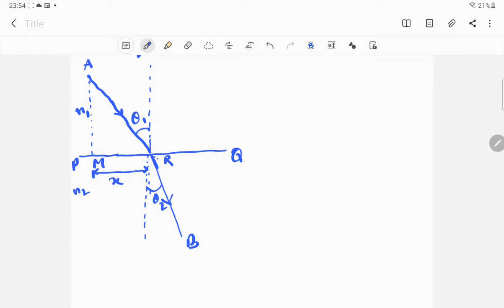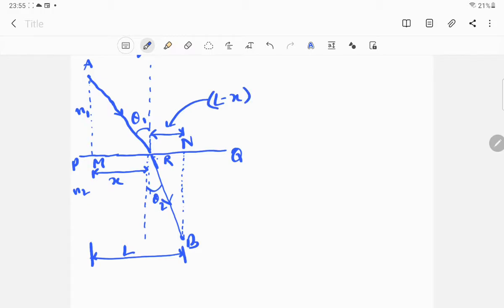Again from B I will drop another perpendicular like this, and this one I will name as N. These two distances together are nothing but capital L. So this distance will be L minus x.